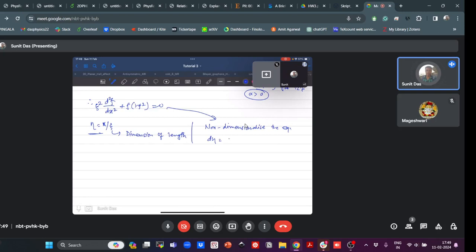Because dη equal to dx by dξ. So this way we can write this equation to be, similarly d²η equal to d²x, or dx² to whatever we want. Sorry, this is simply ξ. If we replace this here, then we will have d²f/dη² plus f(1 minus f²) equal to 0.